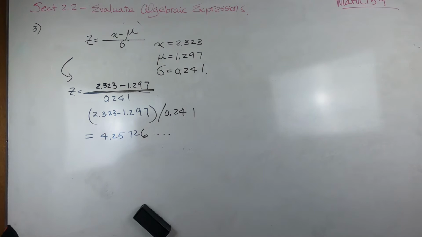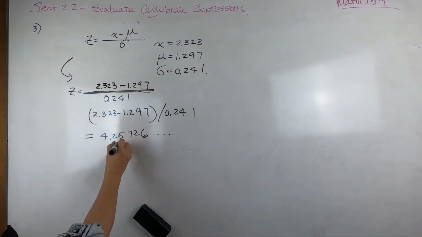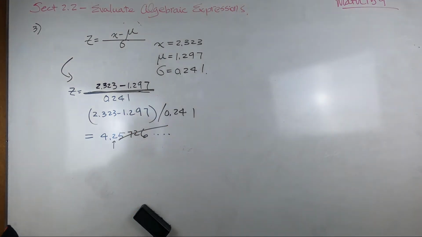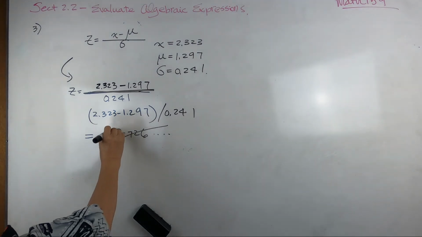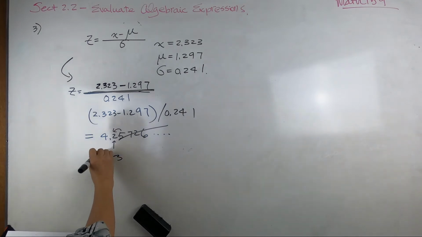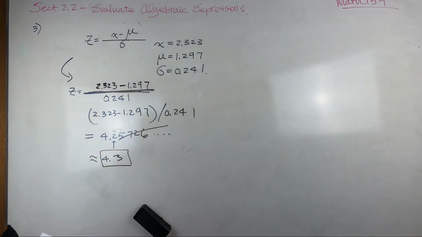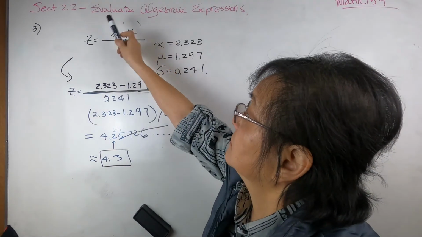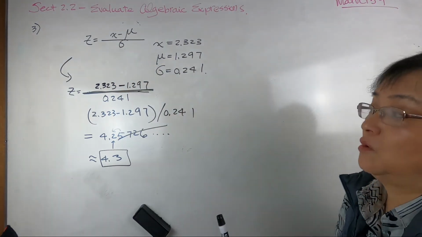Then it says round to 1 decimal place. You don't want the remaining decimals, so this one you have to round up. Your answer would be 4.3. Plug in and practice with the numbers. That's the idea for this class, that we are going to evaluate the result.